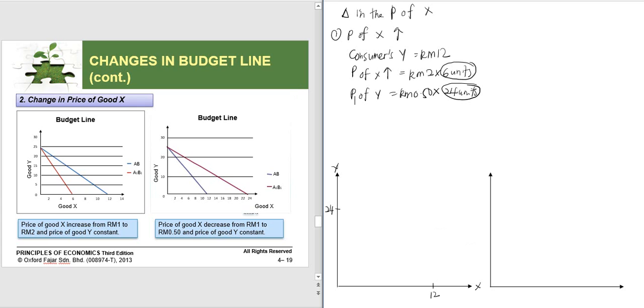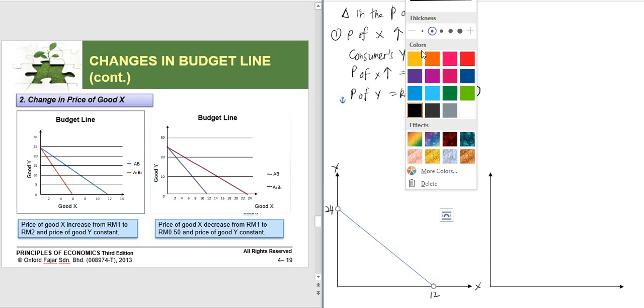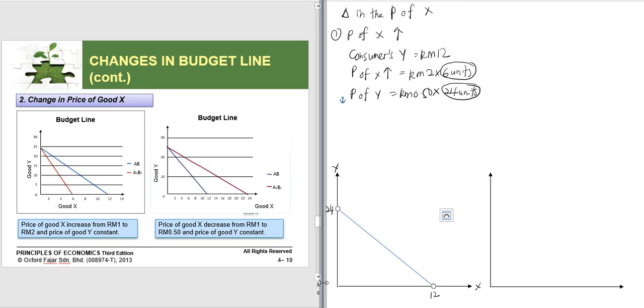The initial budget line was this one from here to here. That is your BL0, and then you will have a new budget line shifting to the left at 6 units of product.